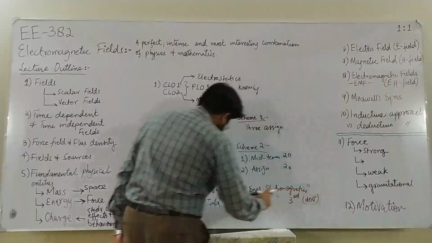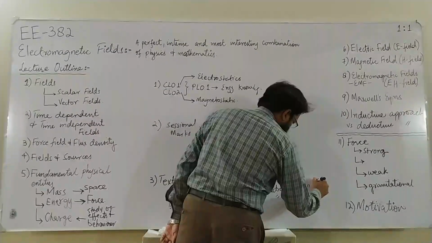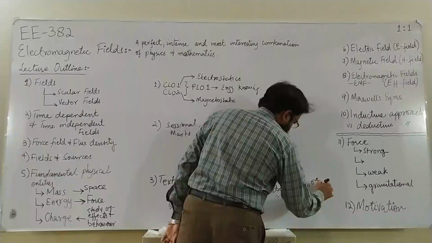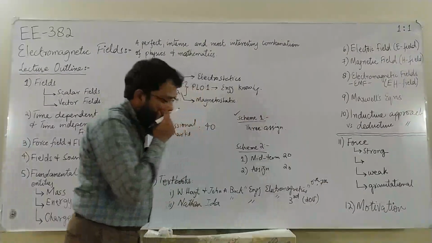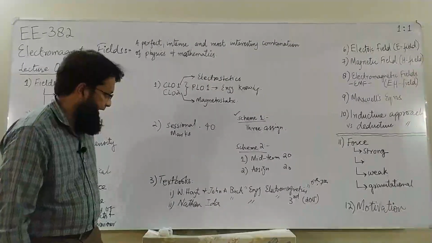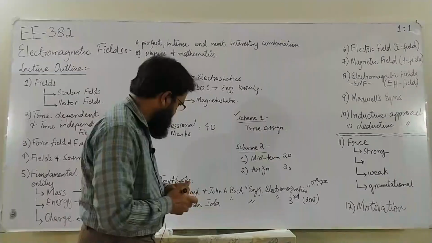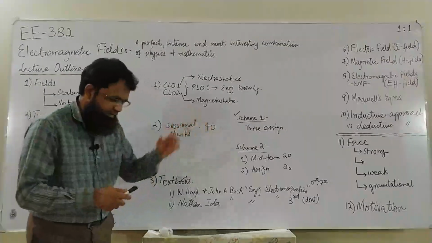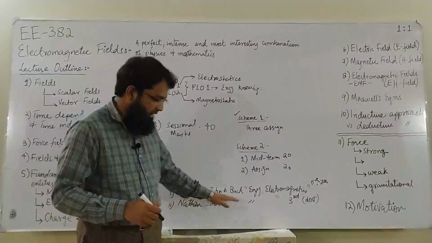The textbook number 1, which is William Hayt, you can take 6th edition, 7th edition, and I know that 8th edition is also available, but personally I did not like the 8th edition. It is actually the adopted version. Some Indian author adopted the original book written by Hayt and Buck.